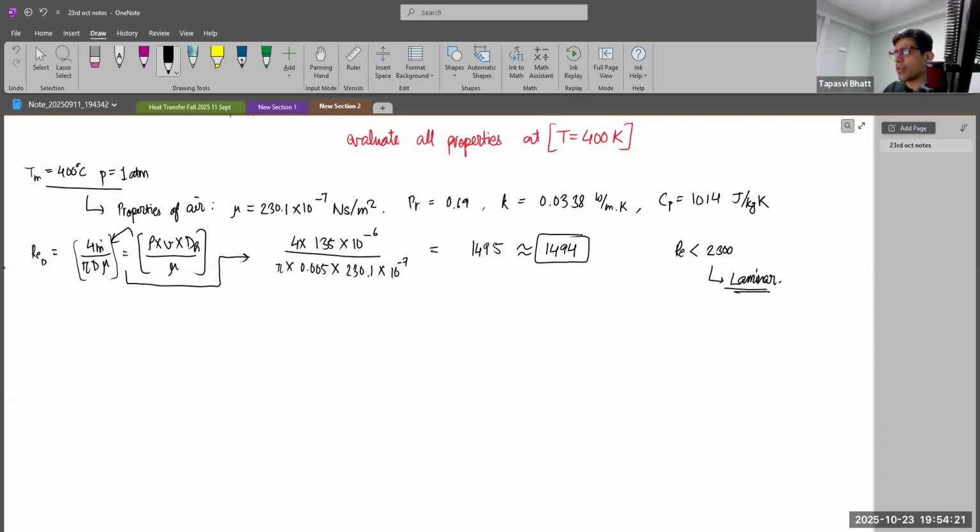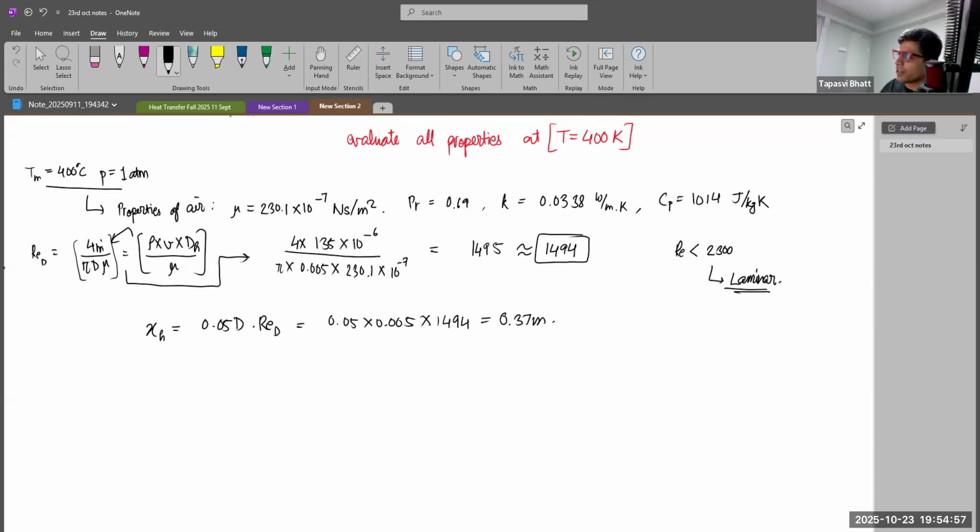Because we have a laminar flow, the hydrodynamic entrance length is x hydraulic equals 0.05 times d times Re, which is 0.05 times 0.005 times 1494, almost 0.37 meters.